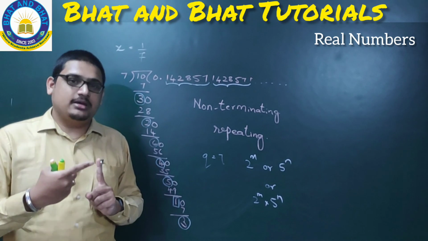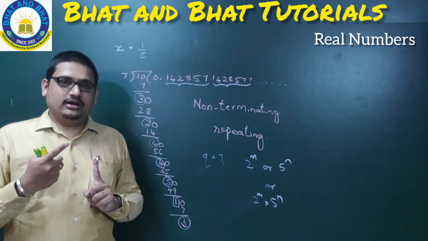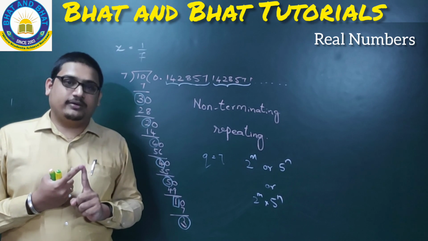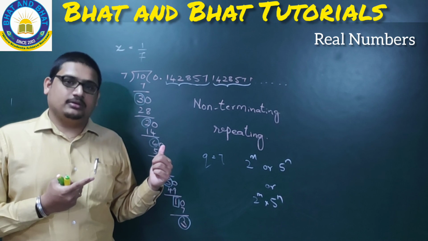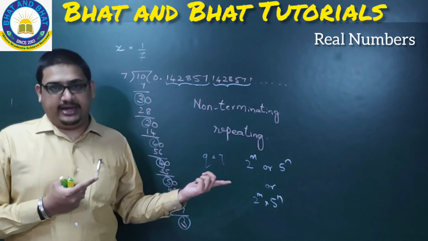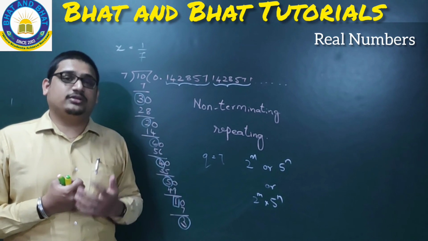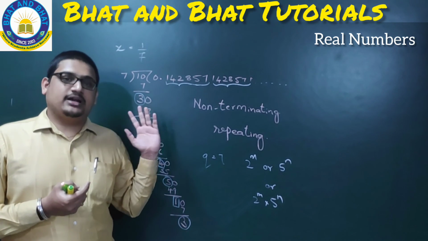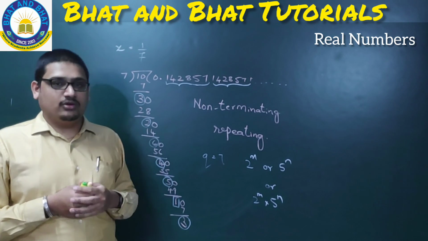That is 2 power m into 5 power n, such kind of representation. If your denominator q does not have prime factors 2 power m or 5 power n, then the decimal expansion is non-terminating, repeating. If the prime factorization of q is of the form 2 power m into 5 power n, then the decimal expansion is terminating. Yes, fine. Please note this down.